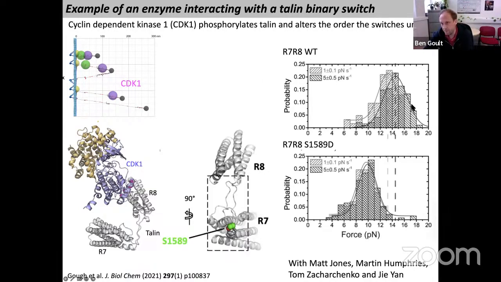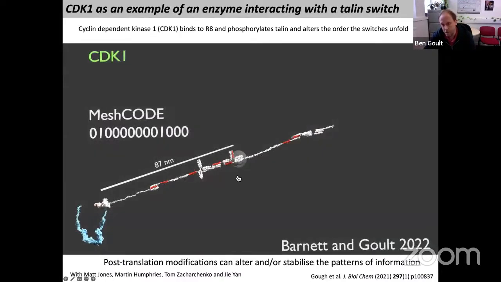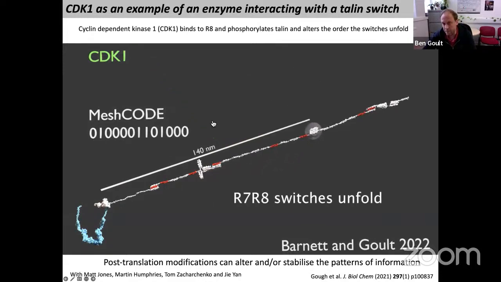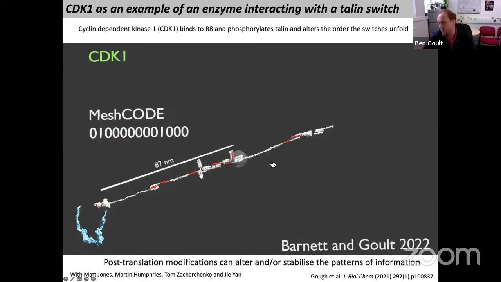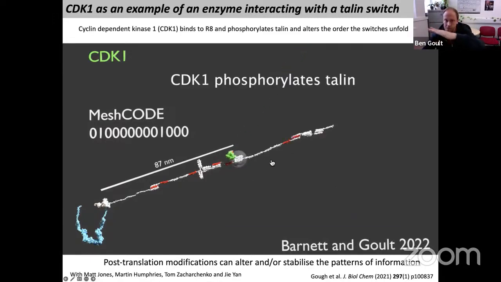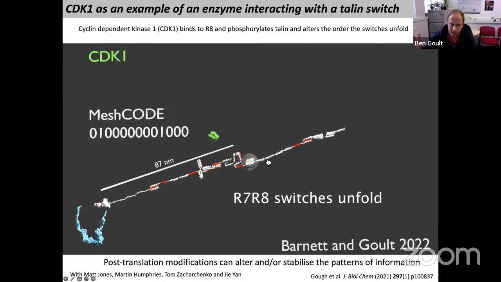Then you get a dramatic shift in the stability of the domains which CDK1 is bound to. Here's another opportunity to show a video to visualize this, where CDK1 binds to a switch. So it phosphorylates things in this vicinity, but by destabilizing that domain, it ultimately introduces over 100 nanometers of extension into the length of the molecule along whichever angle that's at.